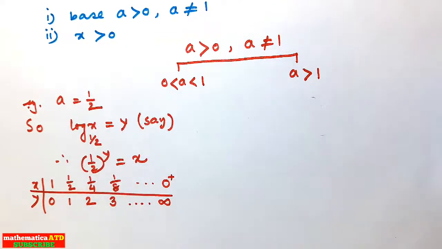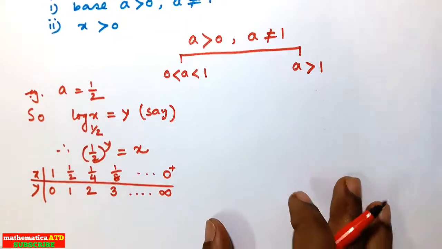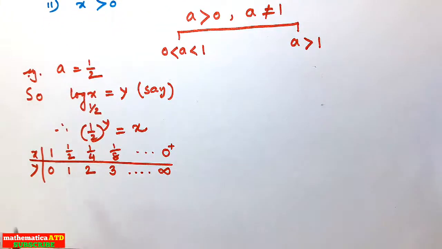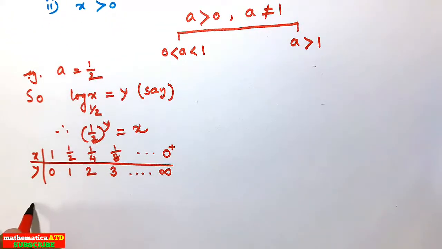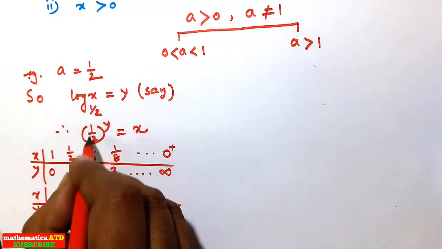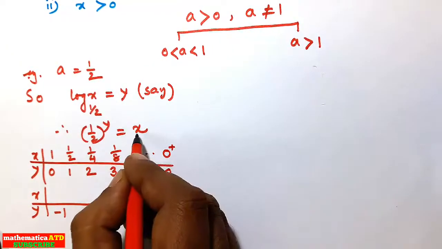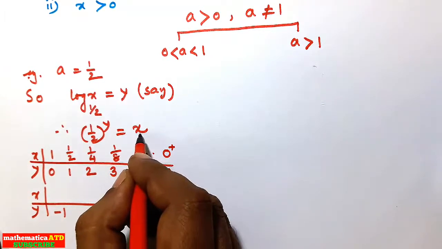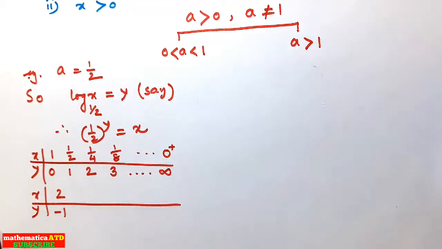Now we shall take some negative values of y. Y is equal to -1. So half to the power -1 is equal to x, means x is equal to 2.